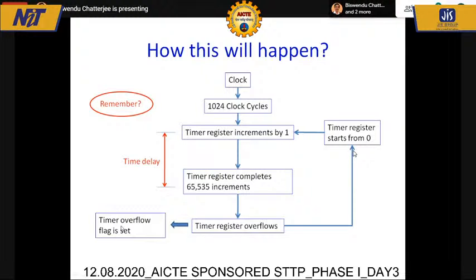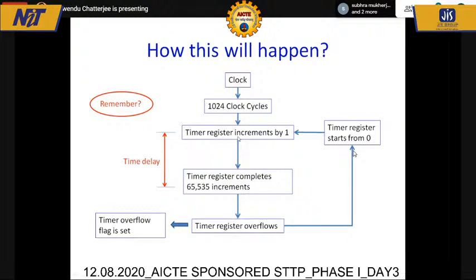We saw that flag as TOV1, and the increment took some time. We waited until it overflowed and the flag was set, and that period determined our time delay. As soon as it overflows, it sets the flag and the timer resets to 0 and starts again.